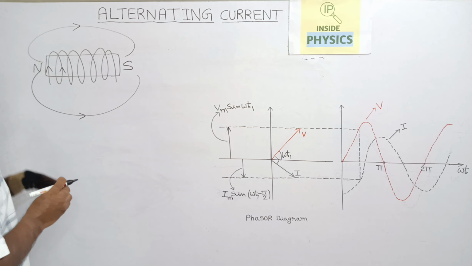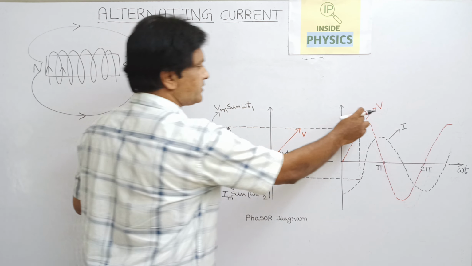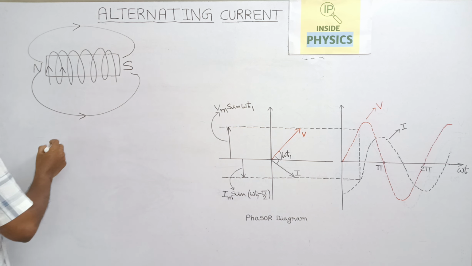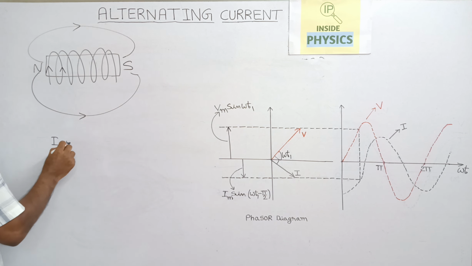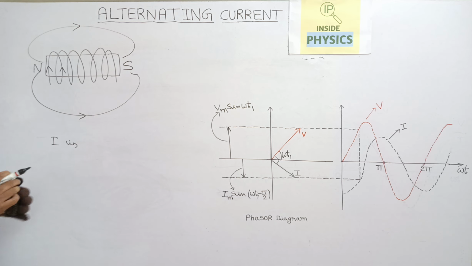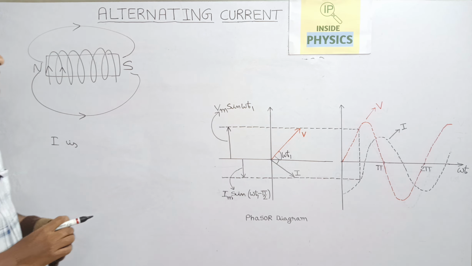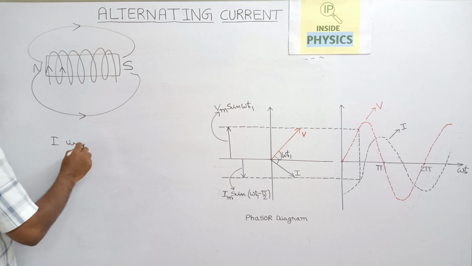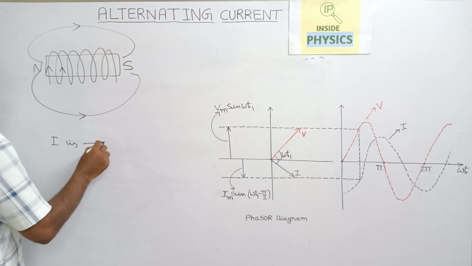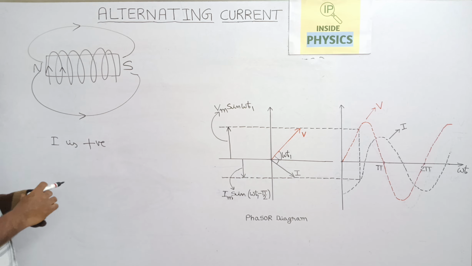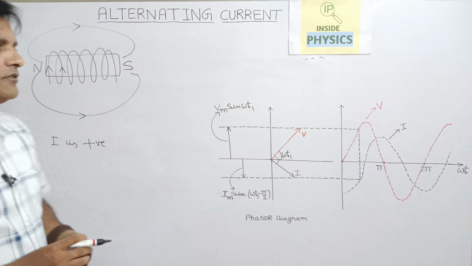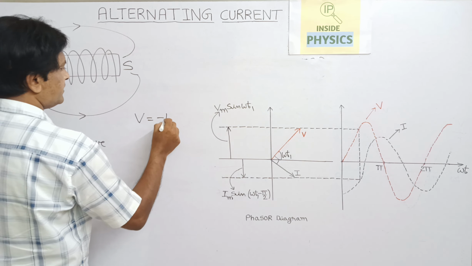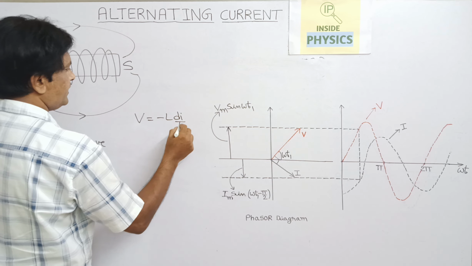And in the next quarter cycle, in the same way the current is decreasing. So the current is positive, but the current is decreasing. Because of Faraday's law, we know that V is equal to minus L di by dt.